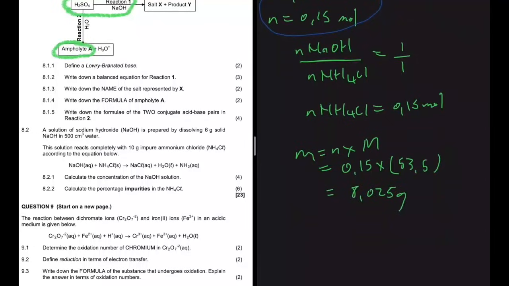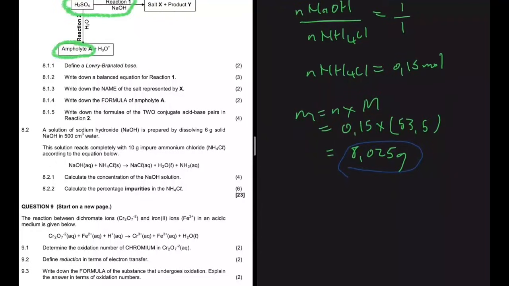So 8.025 grams, it's pure, and then the remainder is impure, right? So we want to find the percentage impurity, not the percentage purity, right? So we know fully well that percentage purity is equals to mass of pure divided by mass of the entire sample, right? Multiply by 100.